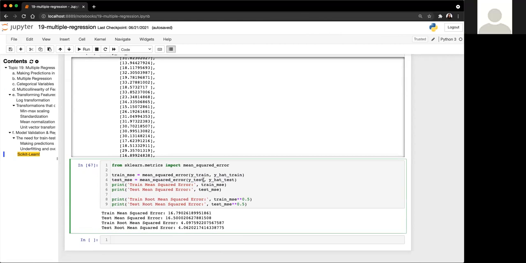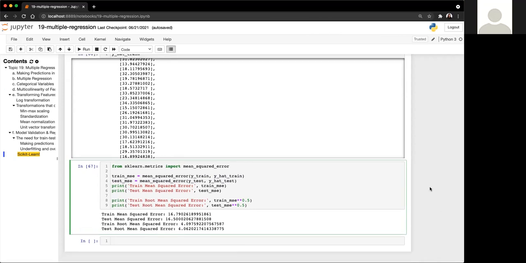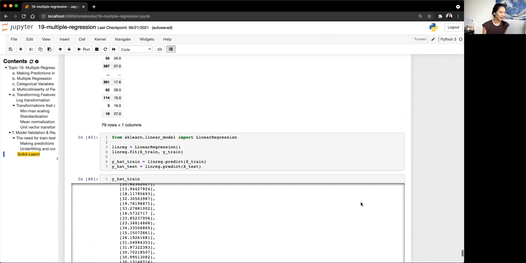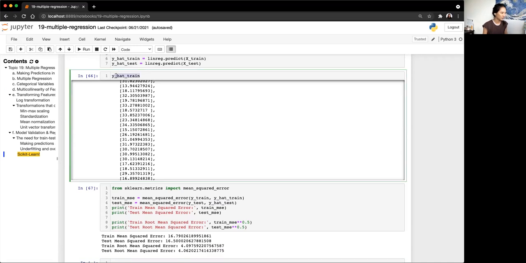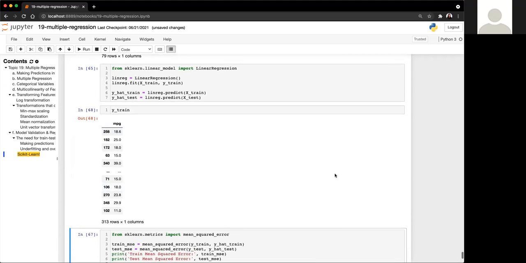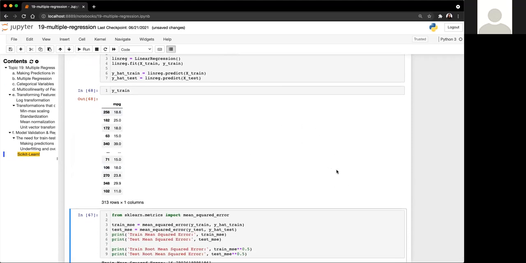Y train is 80% of your y values, so you can create the model.